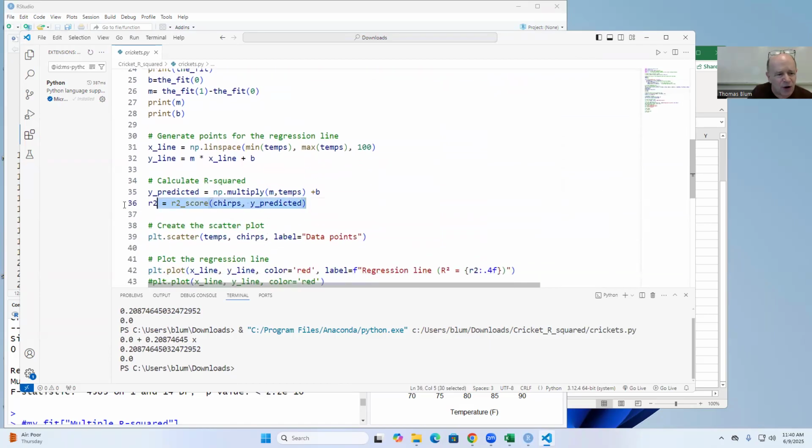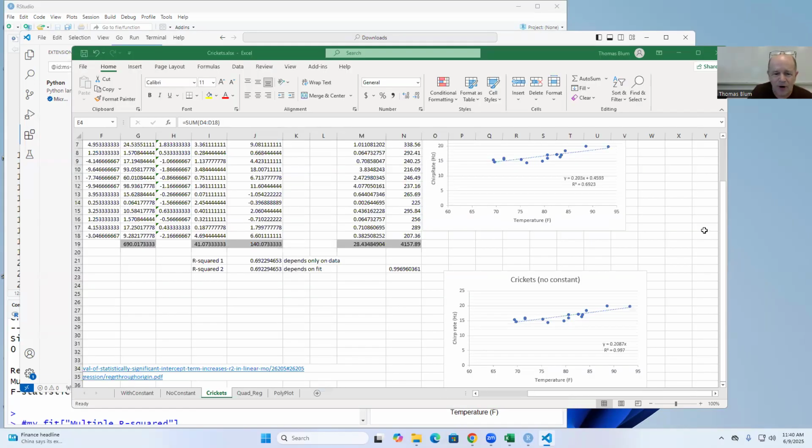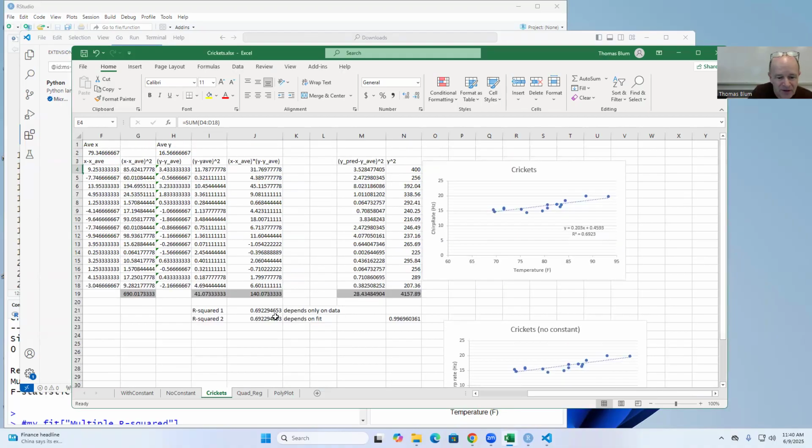And then I'm sending it off to R squared. But the way this R2 score worked is that you are sending it the data and the predicted values. And so therefore, it is using this formula, the one based on predictions.